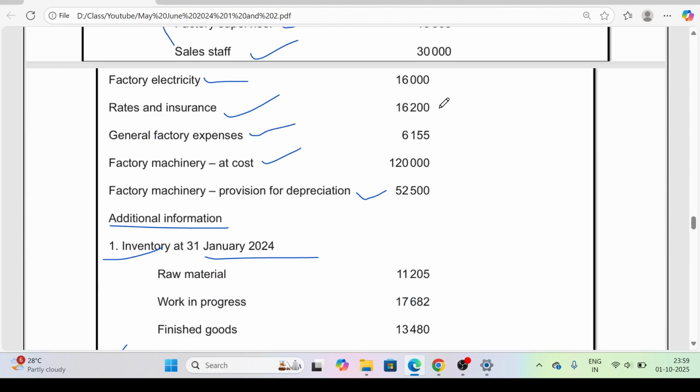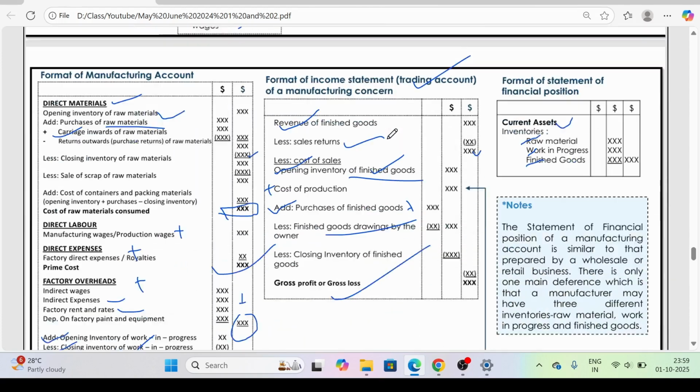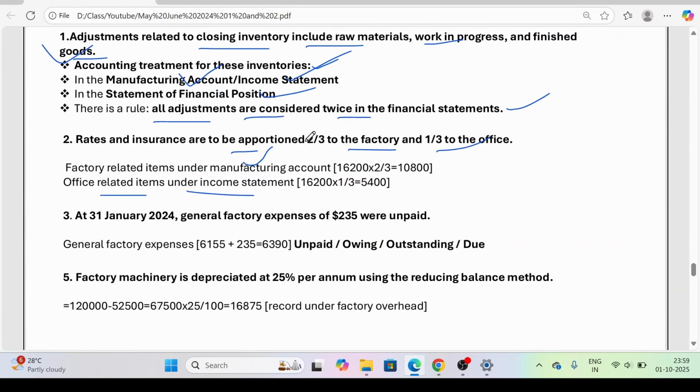Yes, 16,200. They said two-thirds to the factory, right? 16,200 times two-thirds means 10,800. This 10,800 we have to record under factory overhead. Then one-third to the office. Office related items go in the income statement. In the manufacturing account we should not take this one because it's the office one-third. So 5,400 we have to record in the income statement under the expenses side.